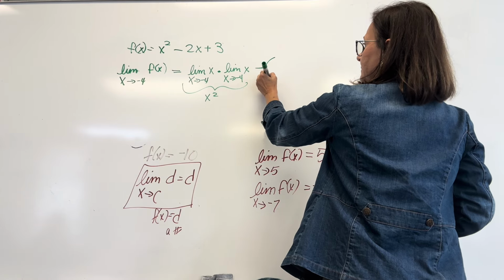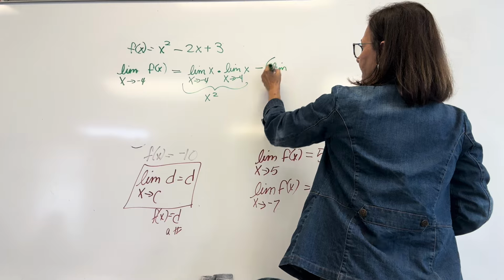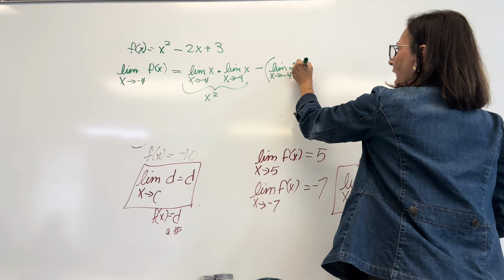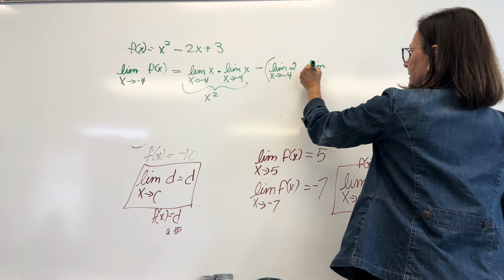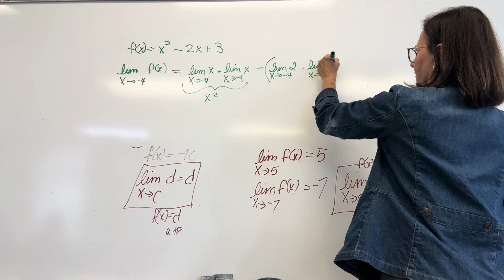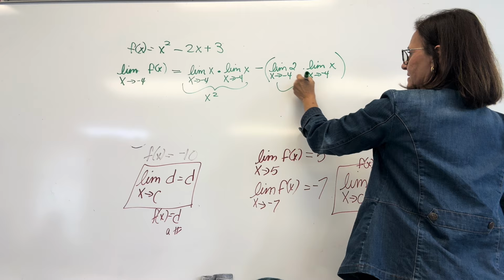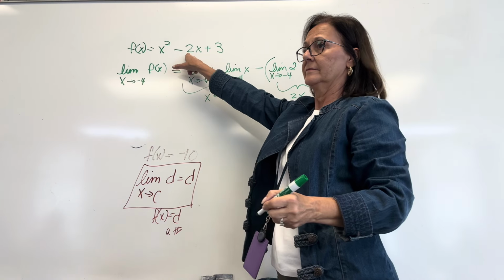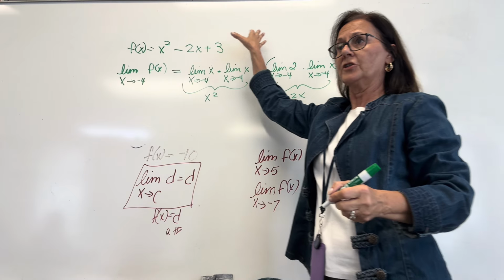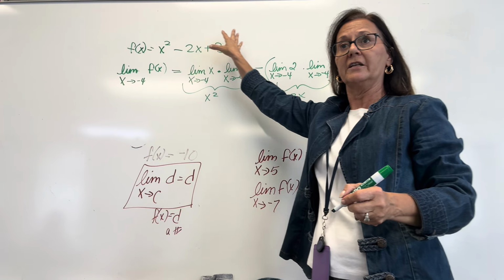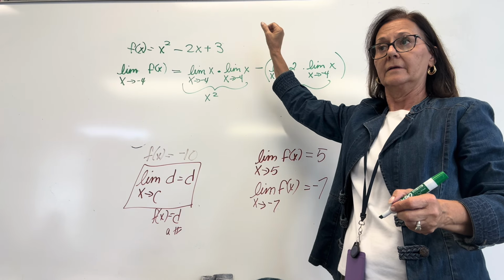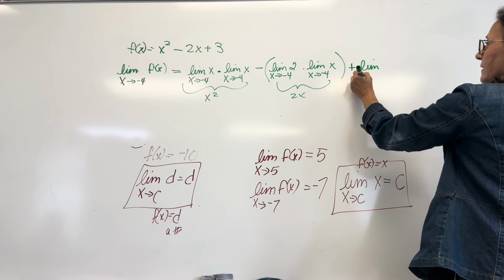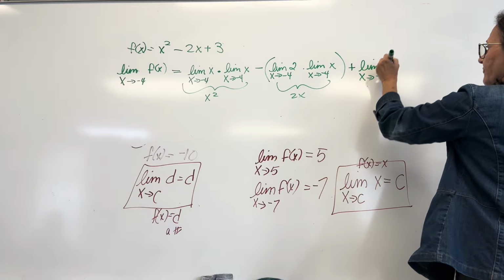Minus the limit as x approaches negative 4 of 2 times the limit as x approaches negative 4 of x. That is the 2x. You see? I'm breaking the function up and looking at the limit of each individual part of it. Plus the limit as x approaches negative 4 of 3.